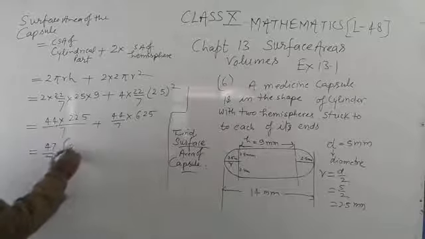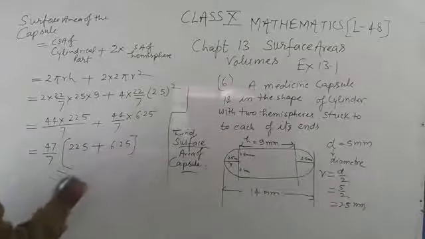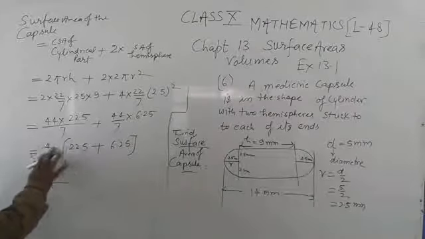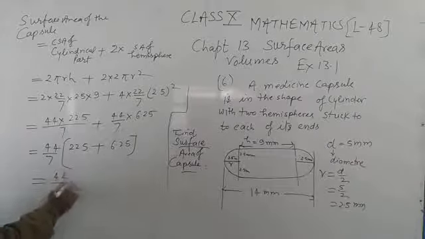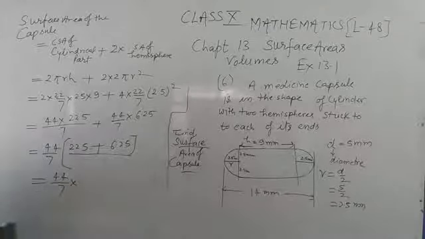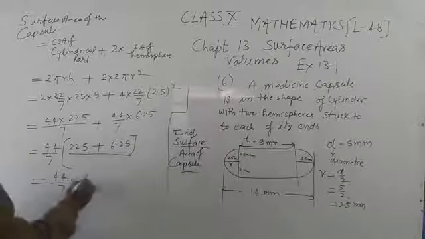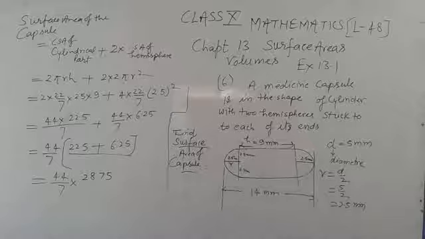We have 22.5 plus 6.25. Now 44 upon 7 multiplied by, after adding, 28.75. Okay students, write this till then.